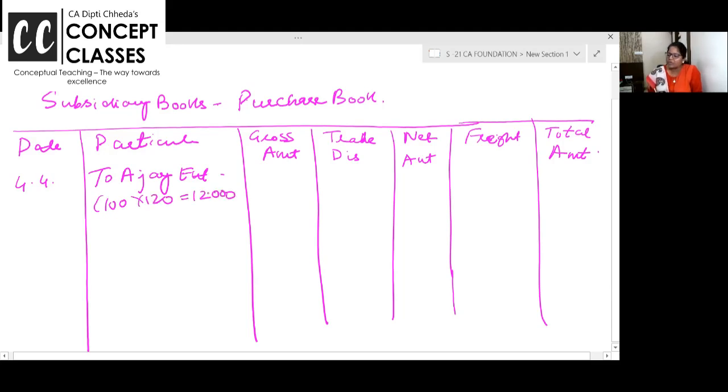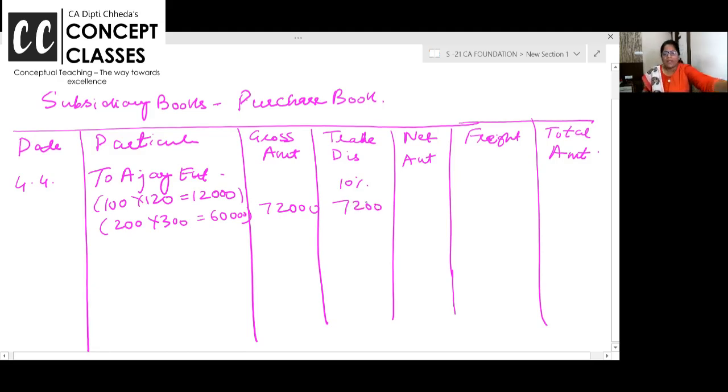So 12,000. And then another kind of chappal, that is 200 into 300. That is 60,000. Total it is 72,000. And discount is 10%, 7,200.